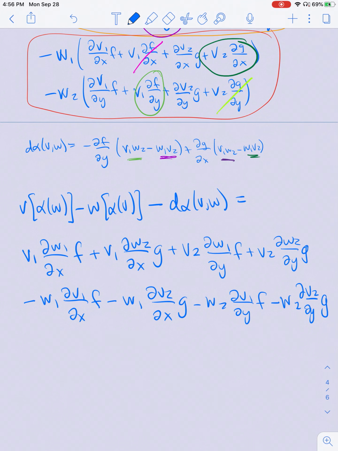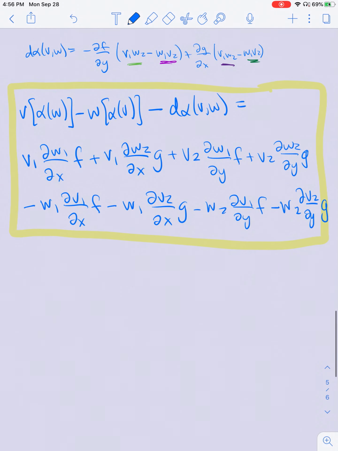And I'm going to try and make sense of what this term means in terms of something that only involves the w and v and doesn't really depend on alpha. So let's try and pull out the f's and the g's.